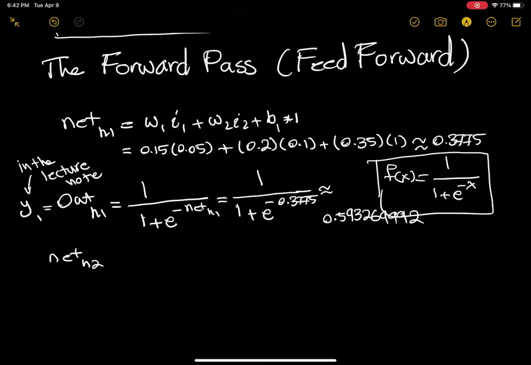Net of H2 is equal to I1 multiplied by W2. Isn't it W3? W3, yeah, that's right.